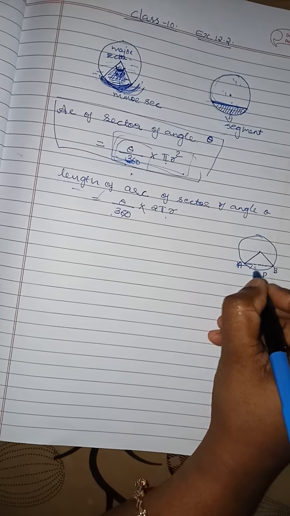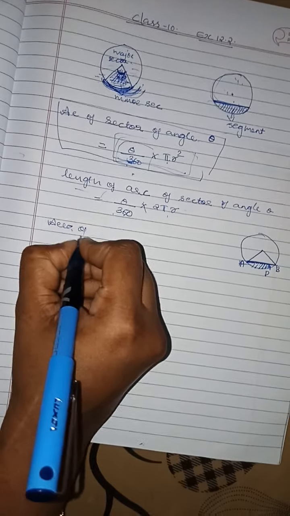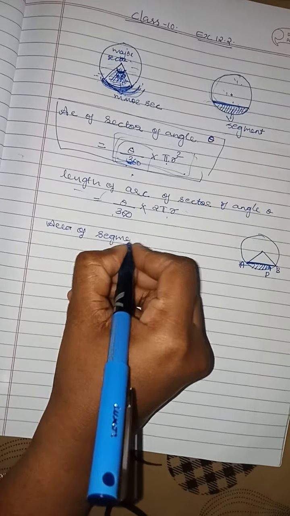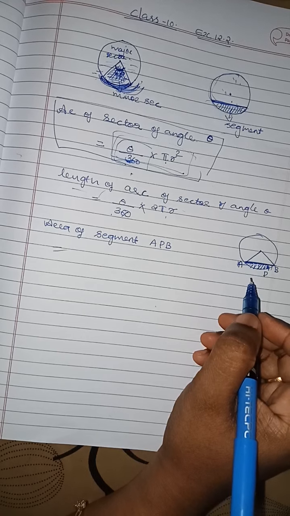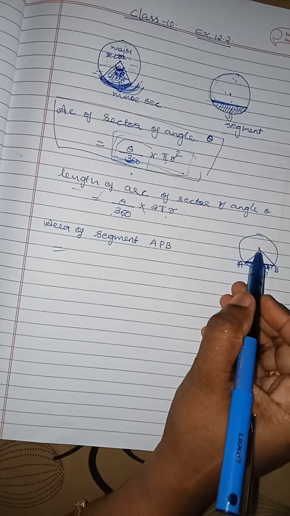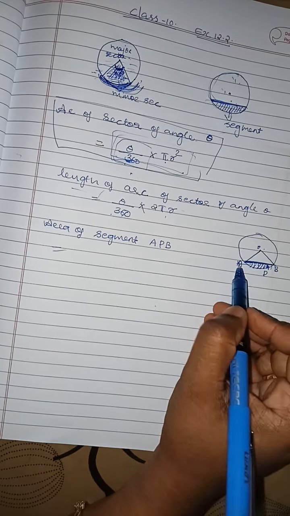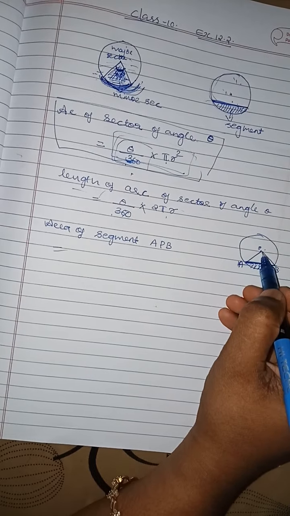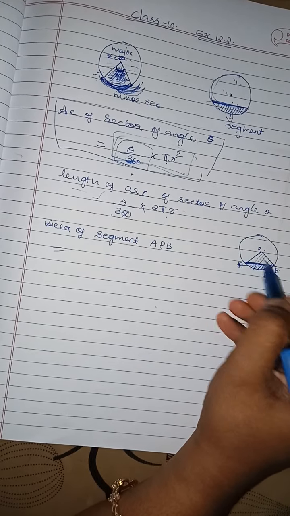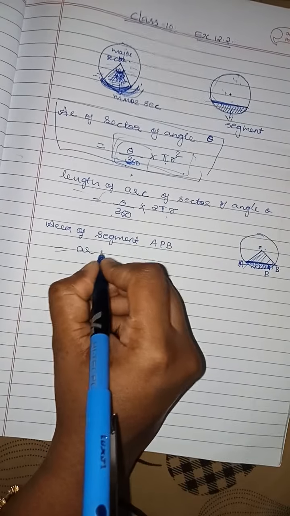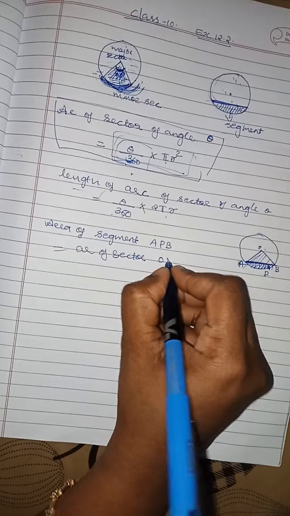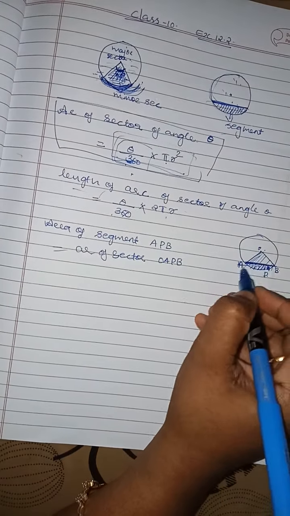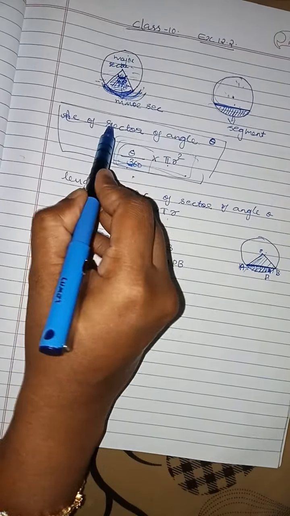If you want to calculate the area of segment APB, how can you calculate the area of this portion? This is the center O. First of all, you should calculate the whole sector area, the area of sector OAPB, by using this equation.